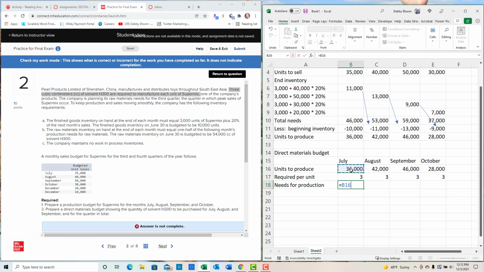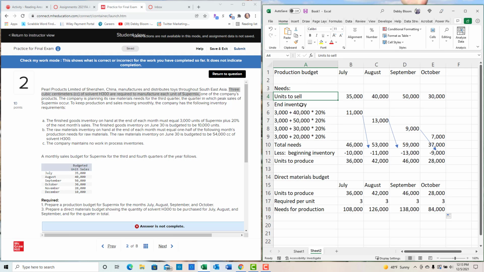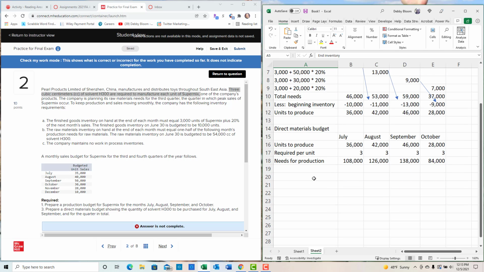So 36,000 multiplied by 3 is going to give us 108,000. 42,000 times 3, 46,000 times 3, and 28,000 times 3. Now that we've got our units of the solvent needed for production, just like up above, we have to add in our desired ending inventory.